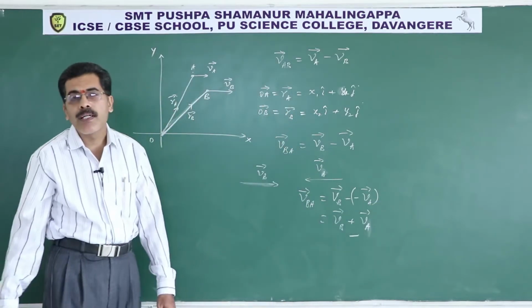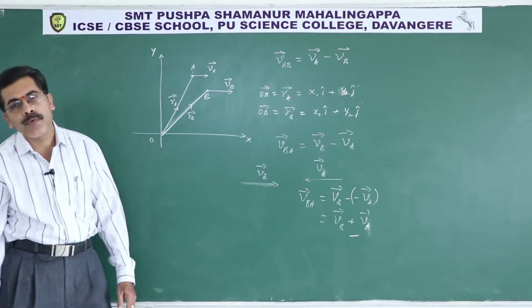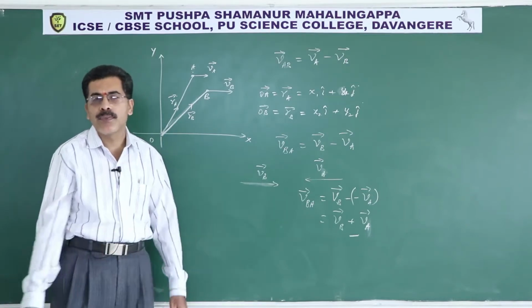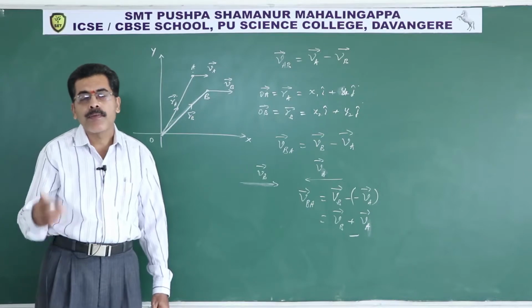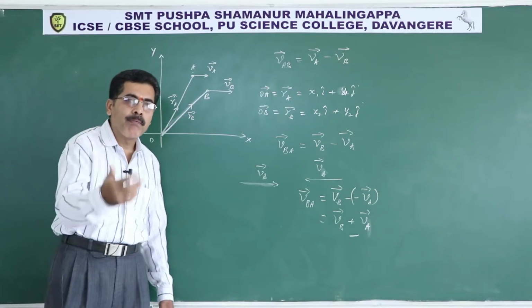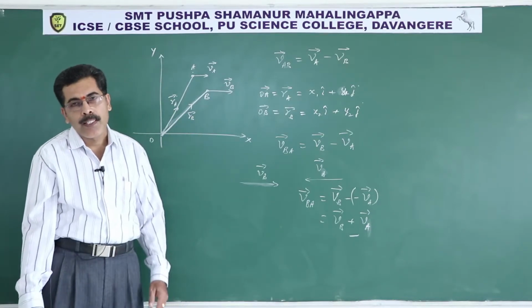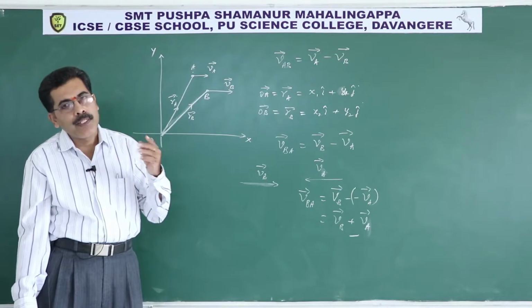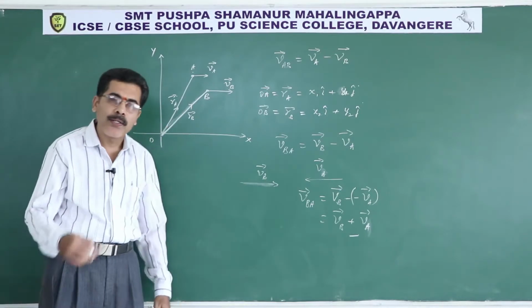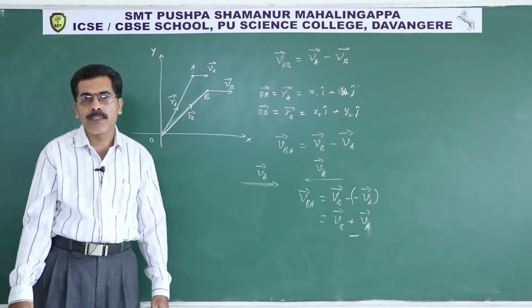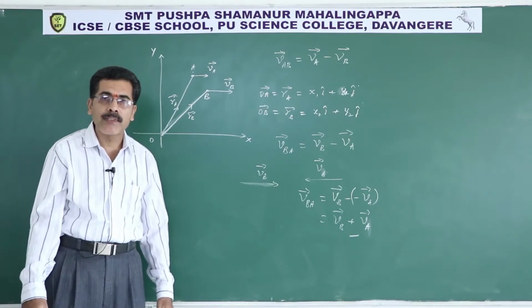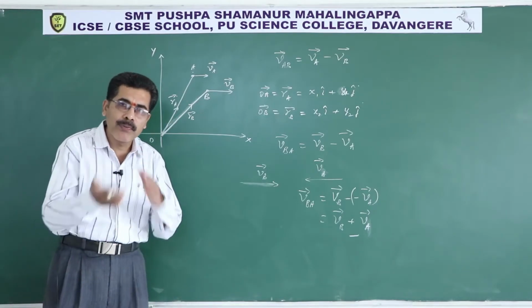The concept of relative velocity plays a very important role in considering many situations. For example, when you consider motion of a boat in a river, the river is also flowing with a certain velocity, and the boat also has a certain velocity, so we have to consider the relative velocity of the boat with respect to the river.